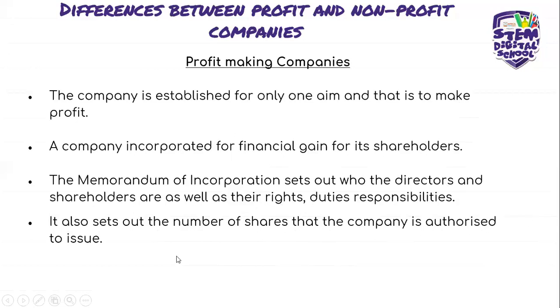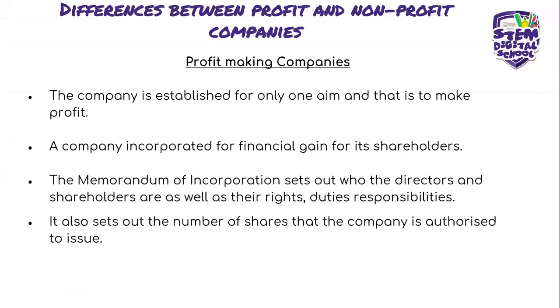So remember, how do we make profits under companies? We make profits under companies by issuing out shares, right? We know shares are something you can't see or touch, it's just an intangible thing. Does it make sense? So the MOI also sets out the number of shares that the company is authorized to issue.